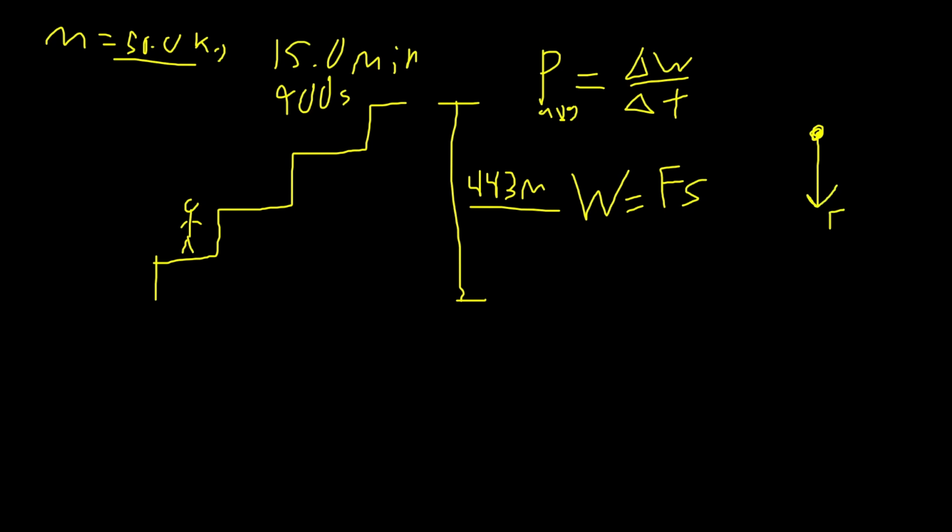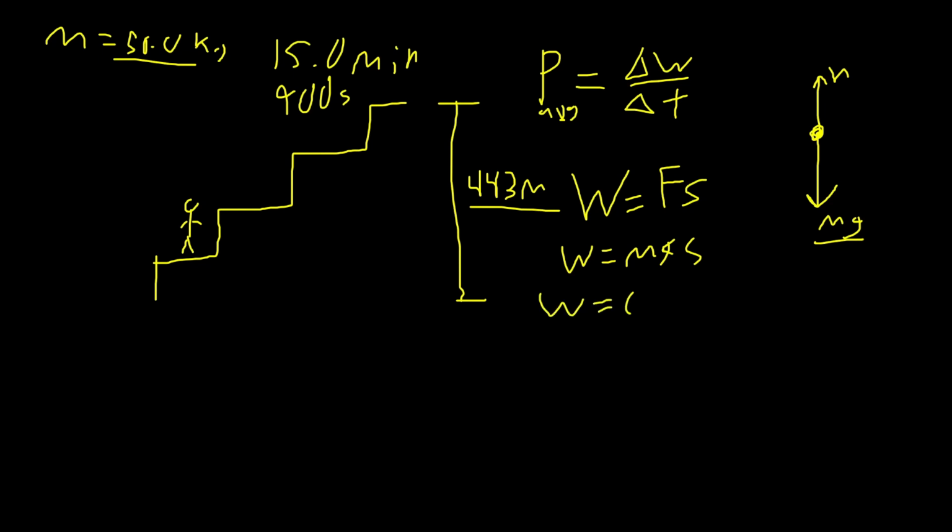So it's going to be mg, and this is the Newton force that's pushing her up. So work equals mg times displacement, and that gives us the work. So let's solve for work.